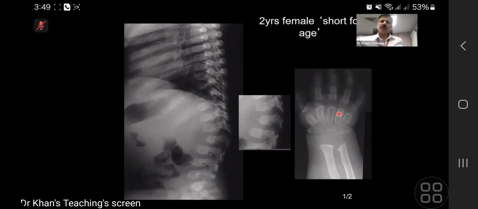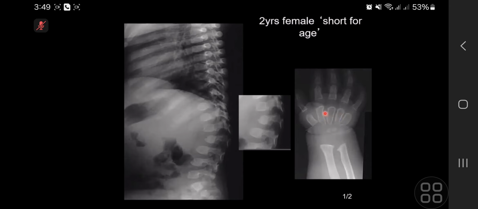If you see these metacarpals, you will appreciate that they are slightly thicker here, and proximally they are tapered, right? So this is a congenital abnormality, which is again an exam abnormality, but this thing is the key which you have to pick up.